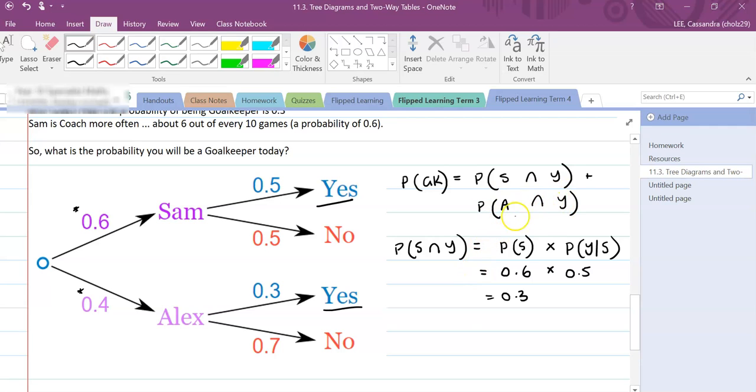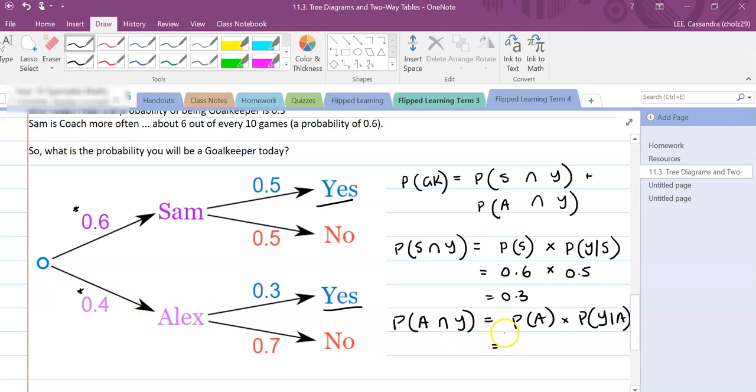Now let's find the probability of you being the goalkeeper with Alex. So same thing, we've got the probability of Alex and a yes, and that's going to be equal to the probability of getting Alex multiplied by the probability of getting a yes, given that you have Alex. And again, we're just going to follow this pathway here.